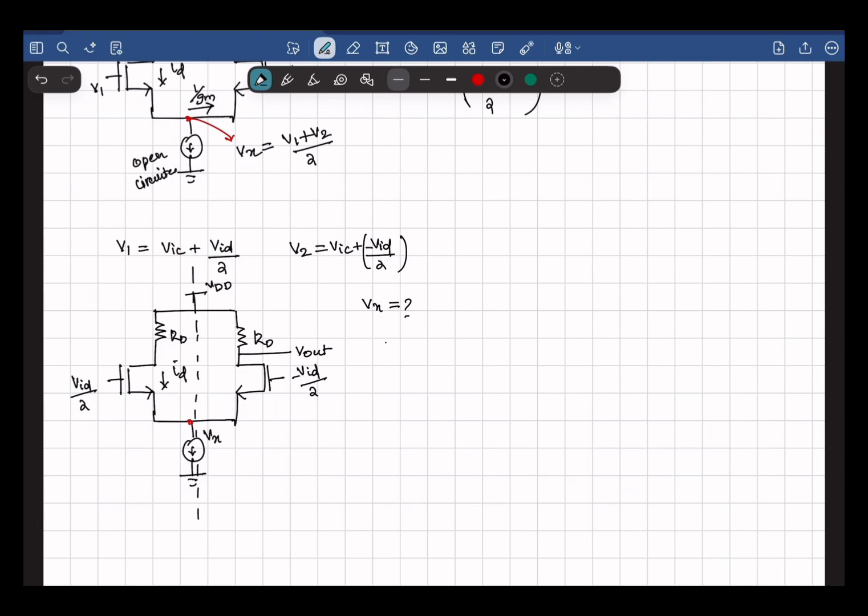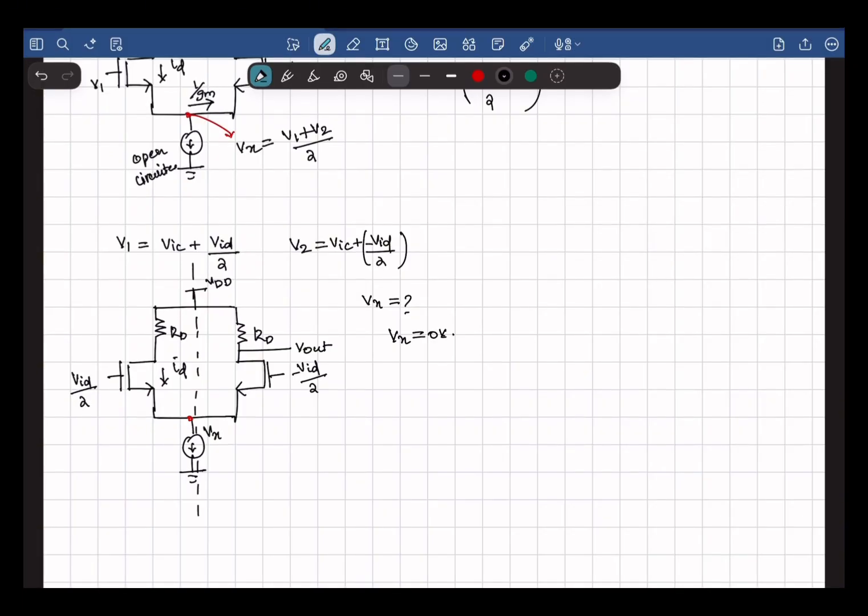So Vx here is equal to 0 volts, because the voltage at Vx due to V1 would be some linear term times VID by 2, and the voltage at Vx due to V2 would be a linear term times minus VID by 2. So essentially Vx would be 0.